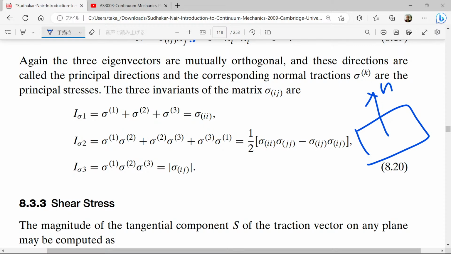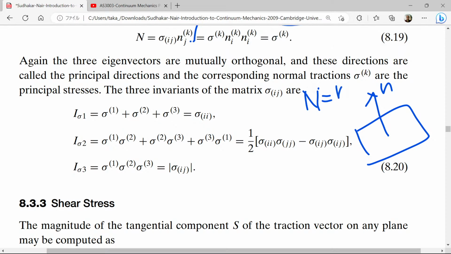Then you obtained n equal n dot sigma, right?